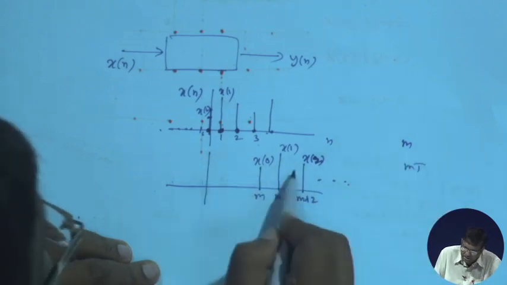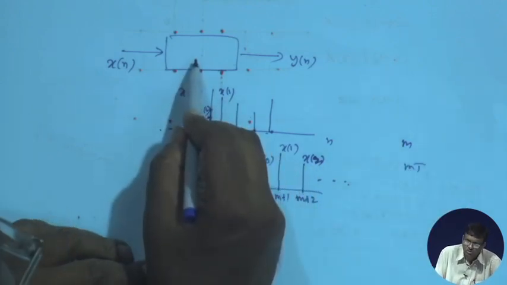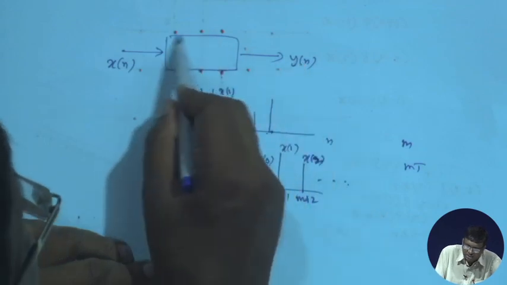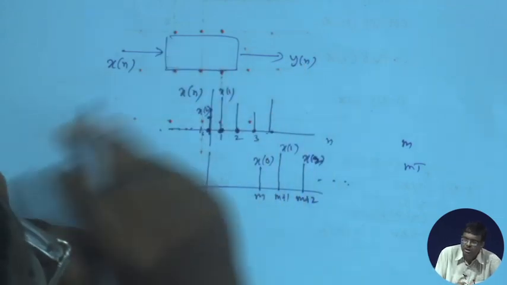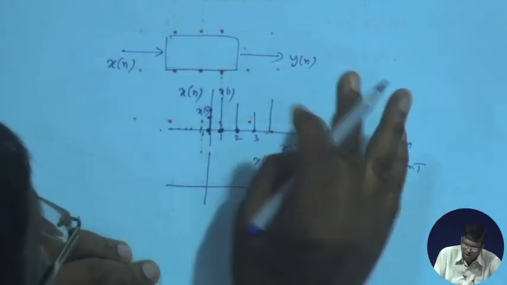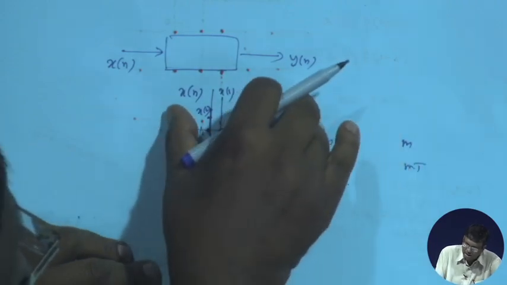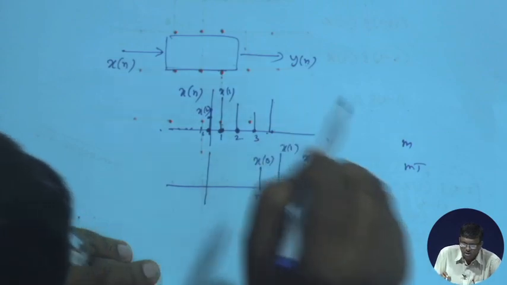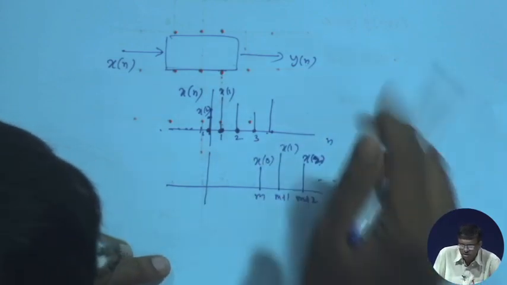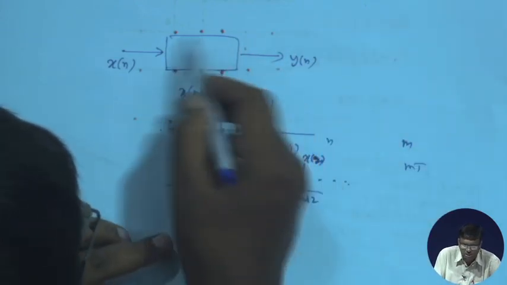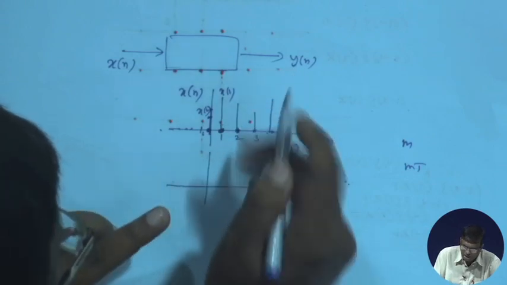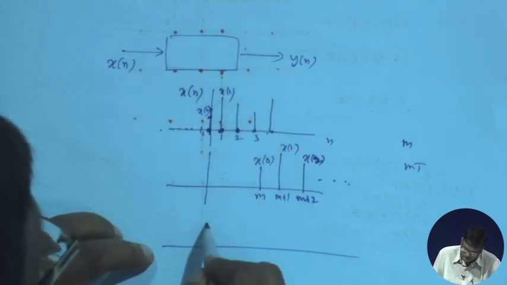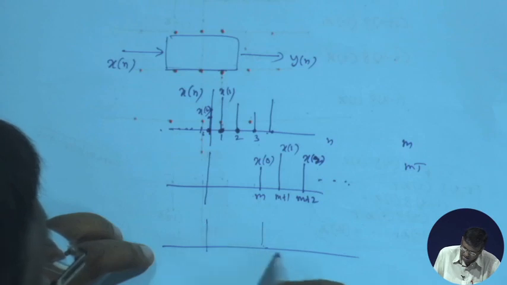If I give this to the input now, what will happen? If the system is such that its property does not change, then instead of giving the original sequence, if I delay it by some amount, the new output will be of the same type as y n, because the system's property has not changed, but that output will be placed here.